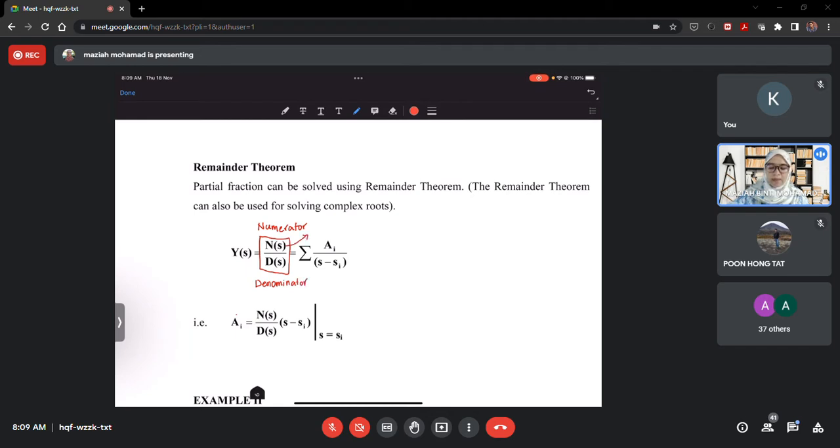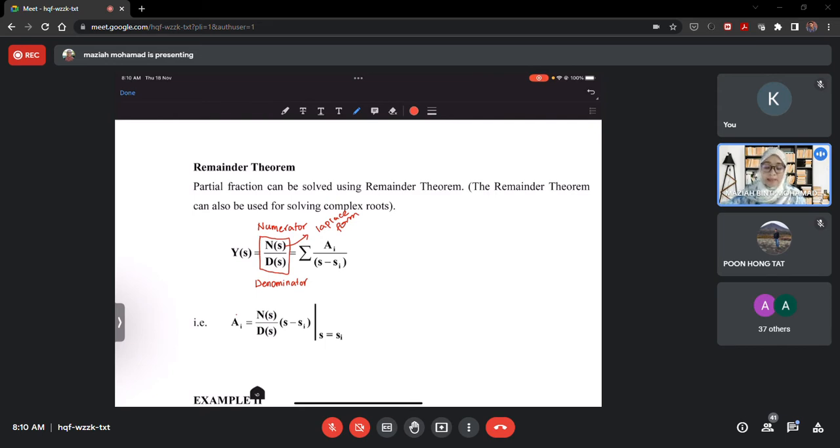S here means it is in Laplace form. If the function is a function of S, the equation is in Laplace form. Basically it can be the transfer function as well.